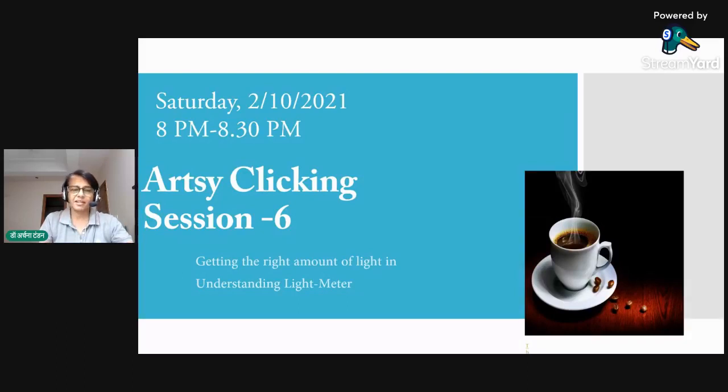Just as measuring tape is used to measure length, and while cooking, ingredients are measured by a weighing scale, for light, our camera has a light meter, which has stops just as a scale has inches and centimeters to measure light. Today we will talk about how it works in semi-automatic and automatic modes and aperture and shutter priority modes.